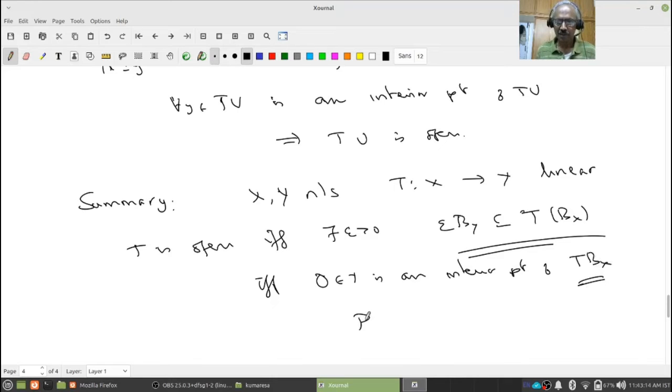Yeah, enjoy this. So you can see the beauty of mathematics, namely when you put some extra hypothesis, that is, if the structure is richer, then you get beautiful results. See, when I have only two topological spaces, if I want to talk about a map from X to Y being open, there is a definition. Then if I have to prove a map is open, I have to check that.